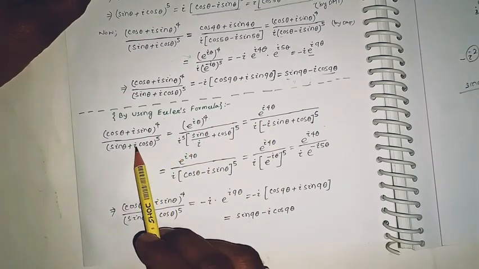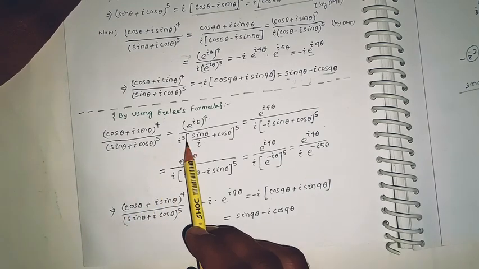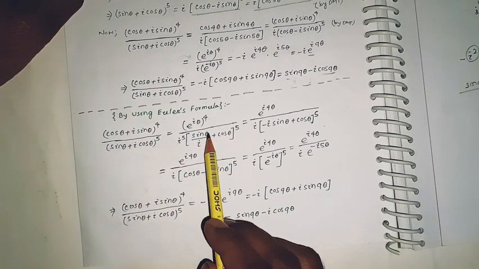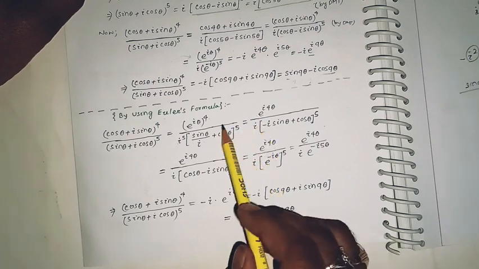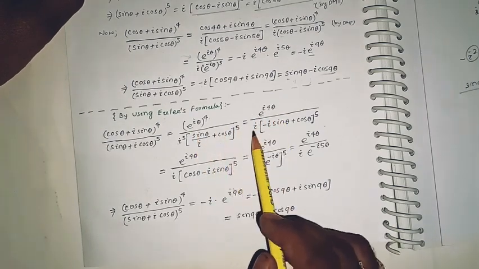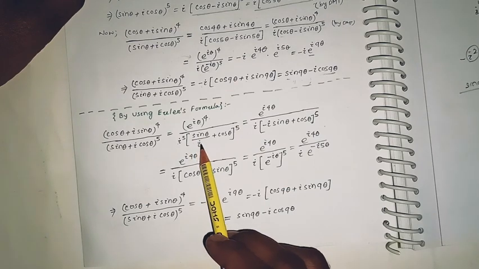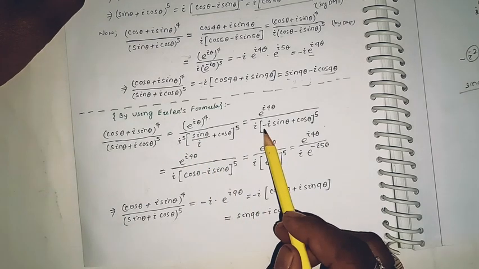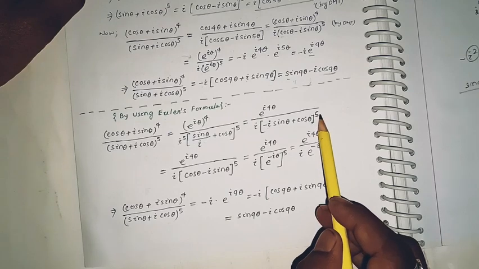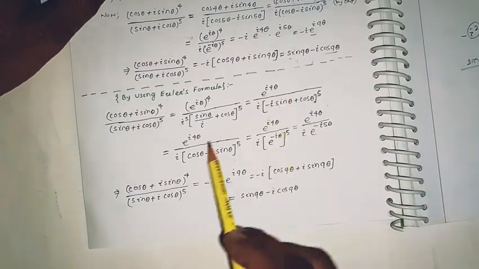And here, if I take i common from these two terms, it will be i to the power 5 times (sin theta by i plus cos theta) to the power 5. This will be e to the i 4 theta. And here i to the power 5 is nothing but i. And this one, if I move it to the numerator, it will be minus i sin theta plus cos theta to the power 5. And e to the power i 4 theta is there.